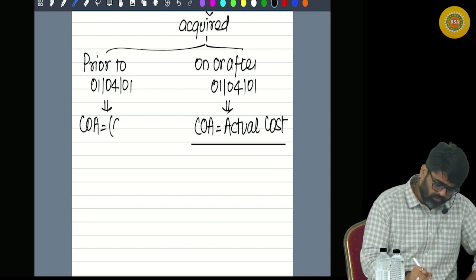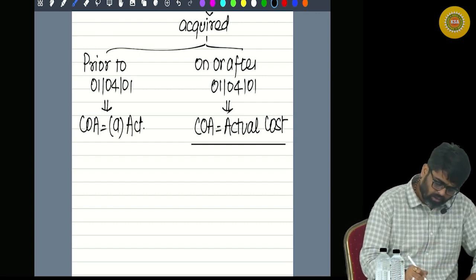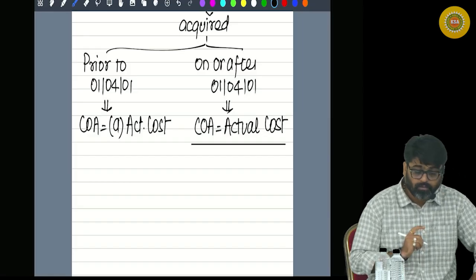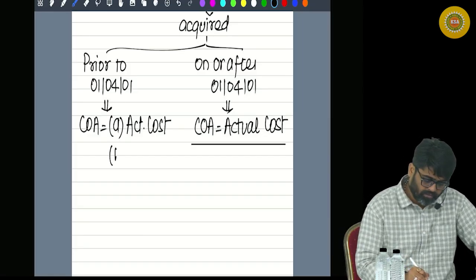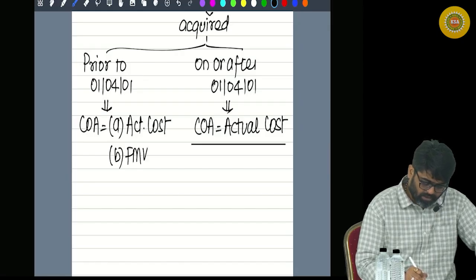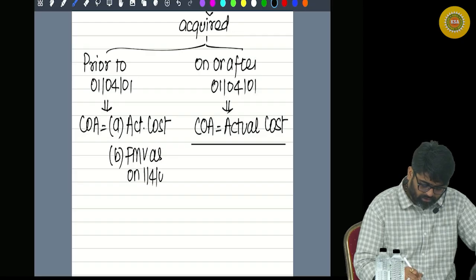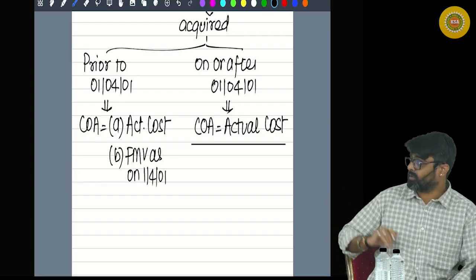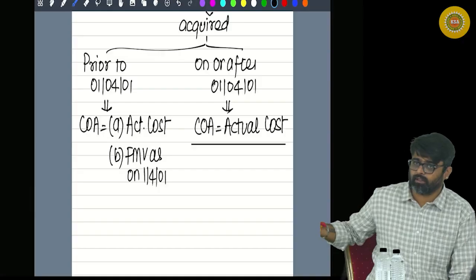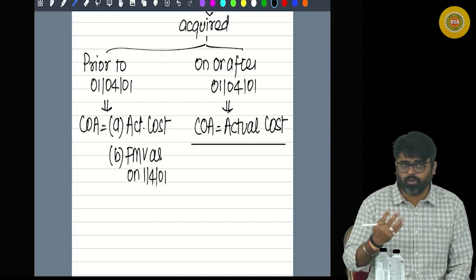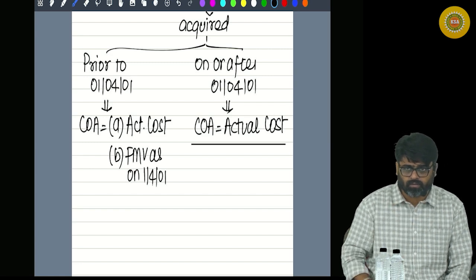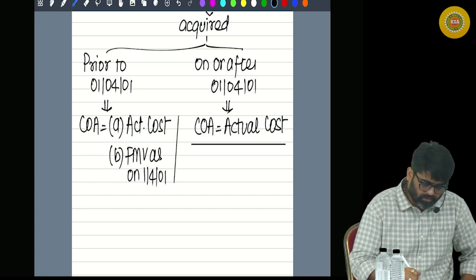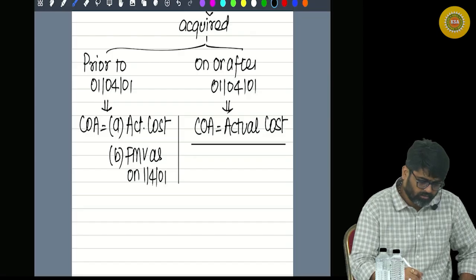Its cost of acquisition will be its actual cost only. But we are giving you an option to take the fair market value as on 1st April 2001. You can take this amount also as cost. So which one would you prefer, actual cost or fair market value? Definitely, sir, whichever is higher. Yes or no?